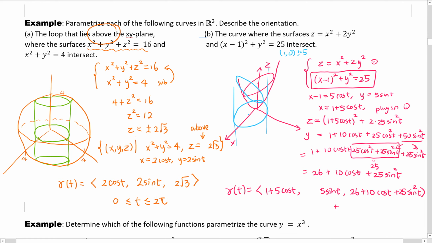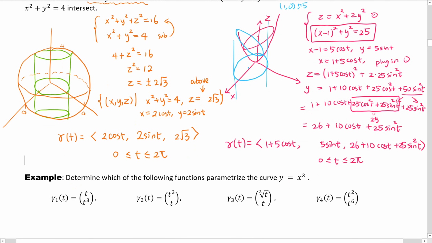Alright, and our t goes from 0 to 2 pi. Then we have the whole circle, and then we get a whole loop. So far, so good, everybody? Okay, let's continue.